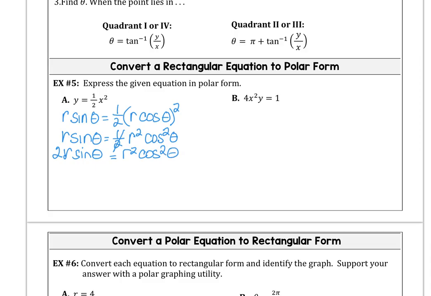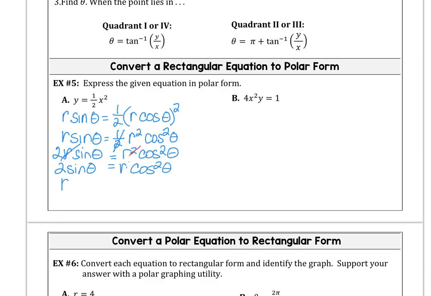We could divide out by an r, one r on the left and one r on the right, and end up with 2 sine theta is r cosine squared theta.